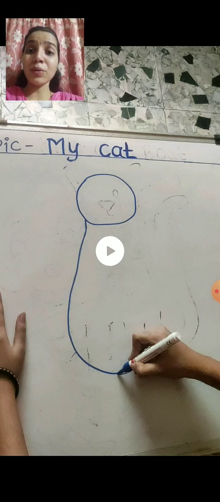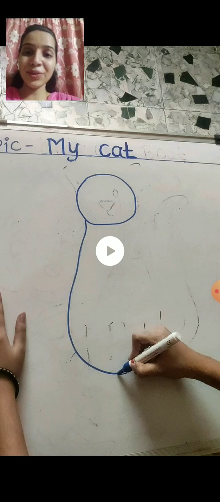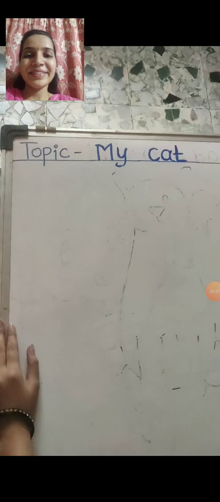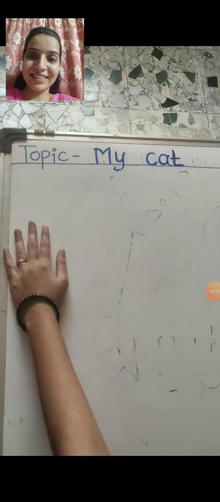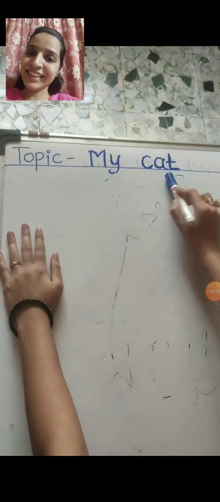The way you love cats, you will also love to draw this cat, because very easily and in a very simple way we are going to make a very beautiful cat. Okay, so here we go. See, like this. So for the topic you will write my cat.